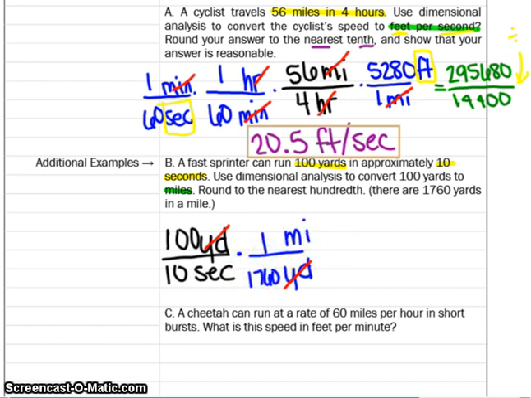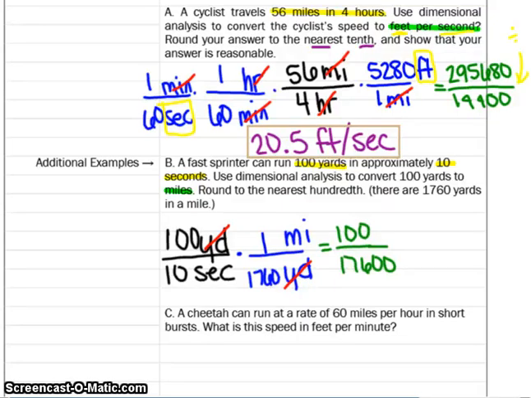So now I can just multiply across. 10 times 1,760 would be 17,600. And then if I divide that, I get, let's see, 100 divided by, it should just take off 2 zeros.